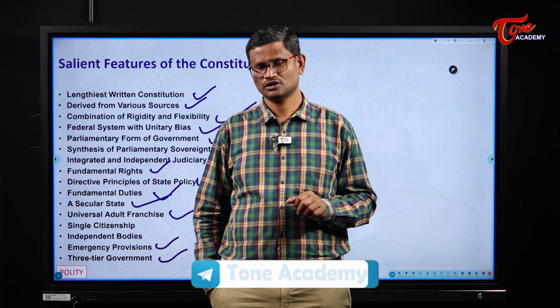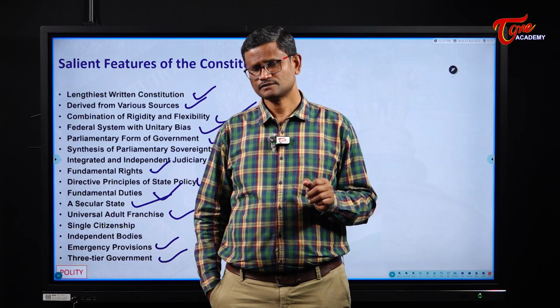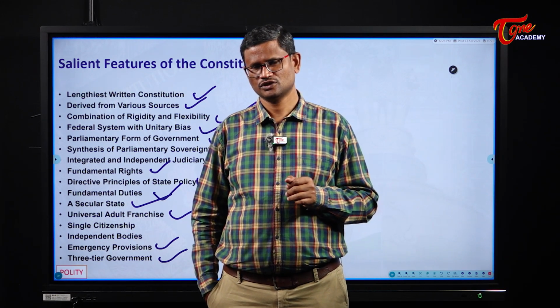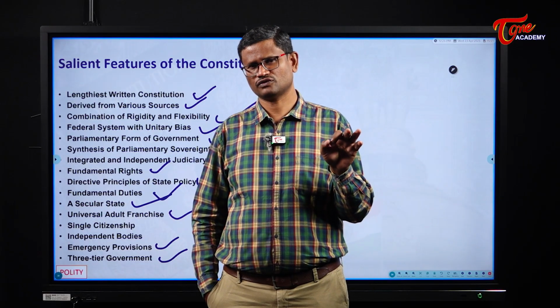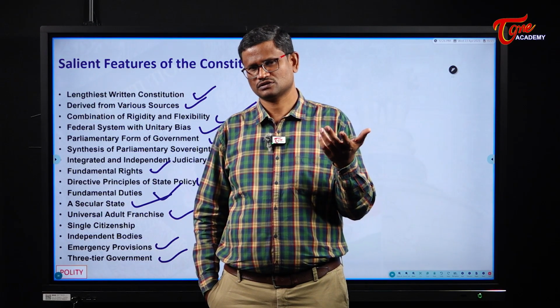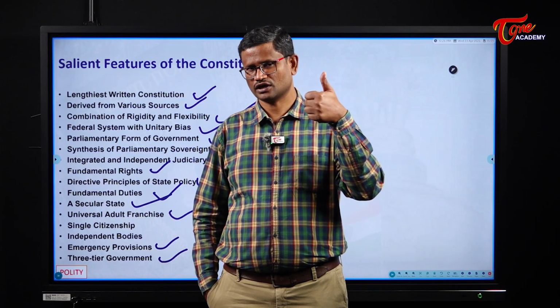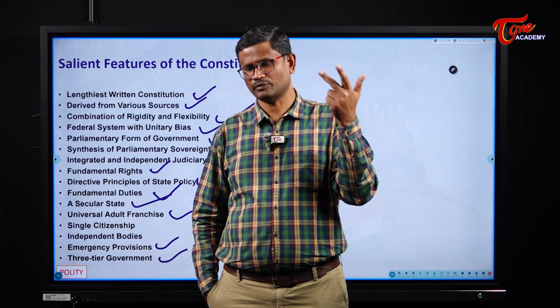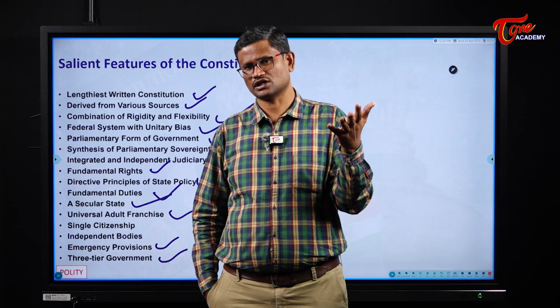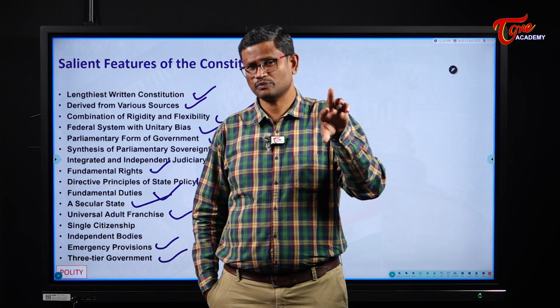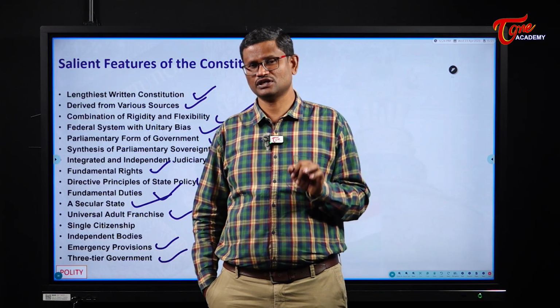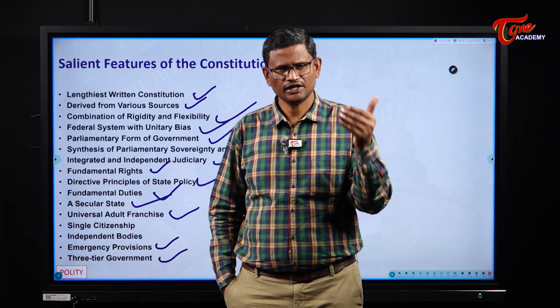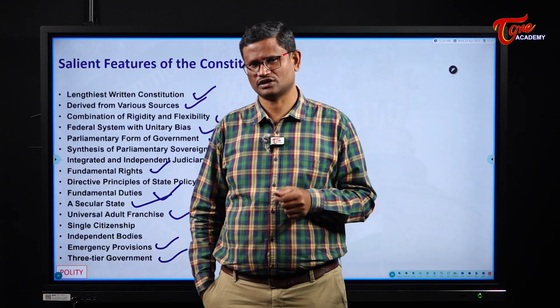In addition to this, there is one more idea, asymmetrical federalism. In the Constitution of India, there are special provisions and special safeguards for tribals, Dalits, minorities, women, and children. And there are certain special provisions for some of the states and some of the regions. That's why we say India is an example of asymmetrical federalism.